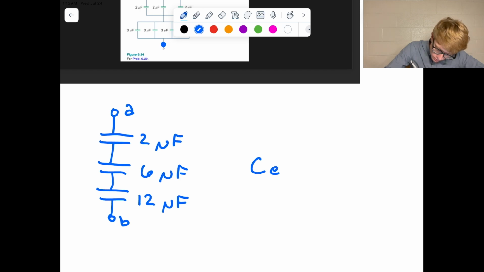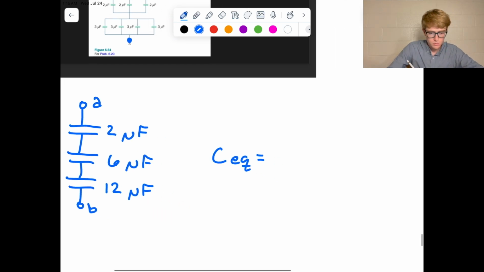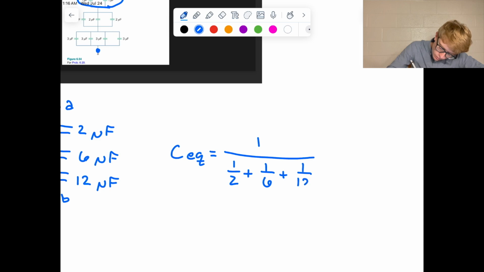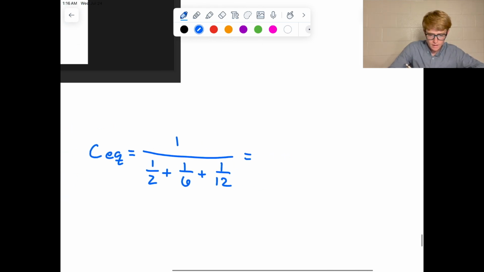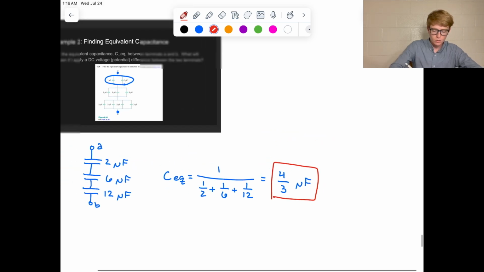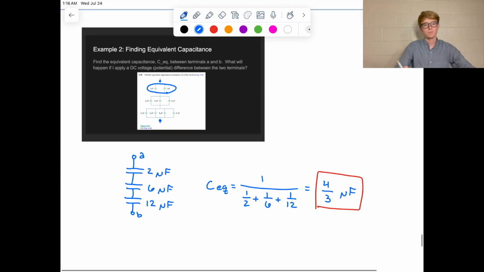So it turns out the CEQ is going to be 1 over 2, this 1 over 6, this 1 over 12. And if you simplify all of that down, you're going to end up with 4 over 3 microfarads. So that is the answer. So it looks pretty complicated, but it's actually pretty quick.